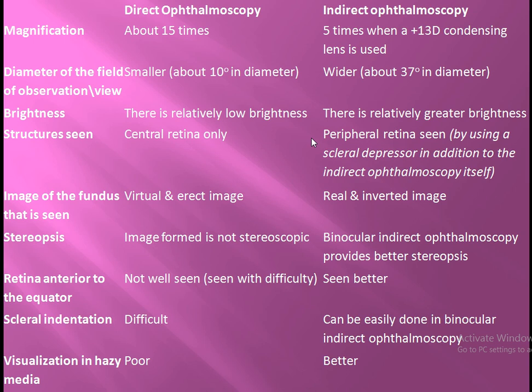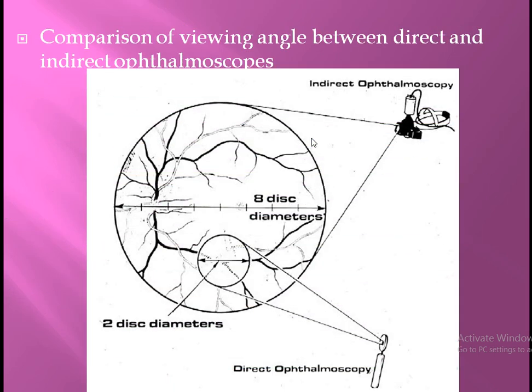For that purpose, I will show you one more diagram, in which you can compare this difference very easily. This is the direct ophthalmoscopy, while this is the indirect ophthalmoscopy. Through the indirect ophthalmoscopy, the image is inverted, but it is so much larger.